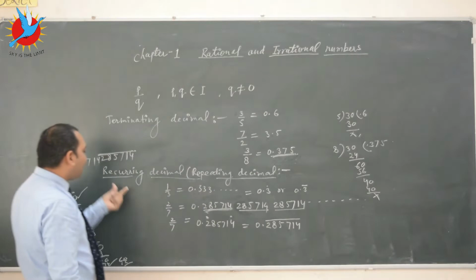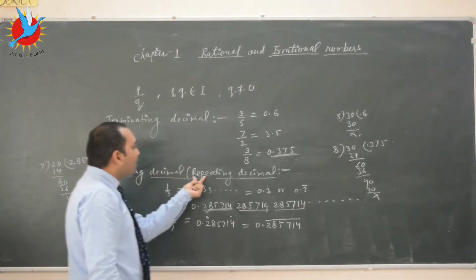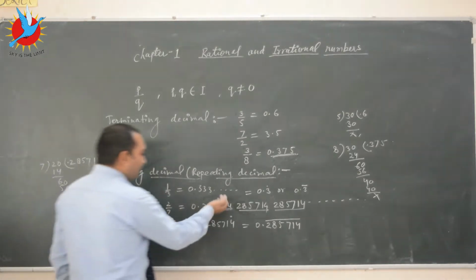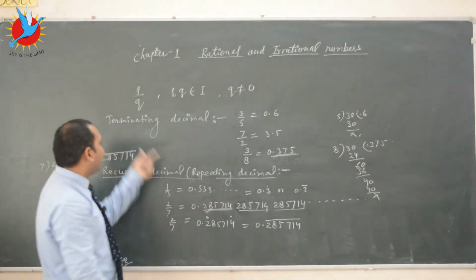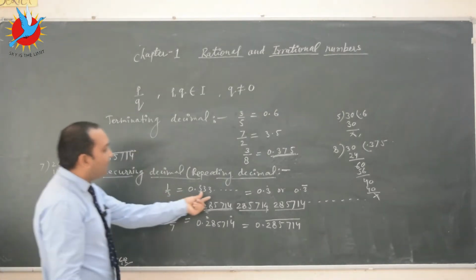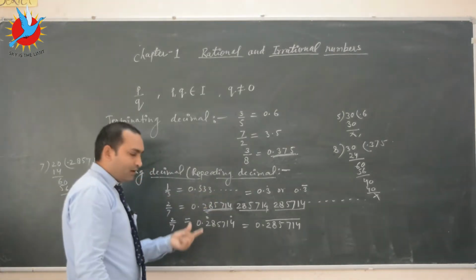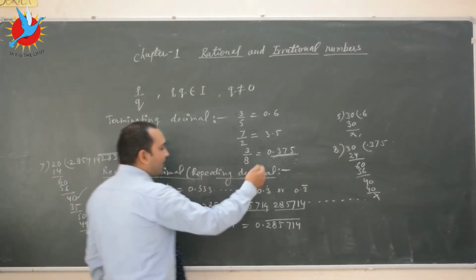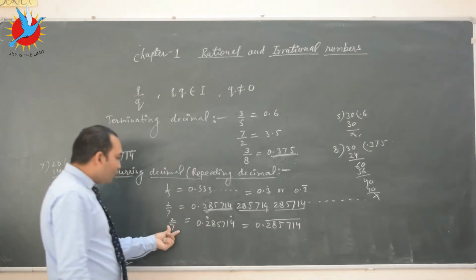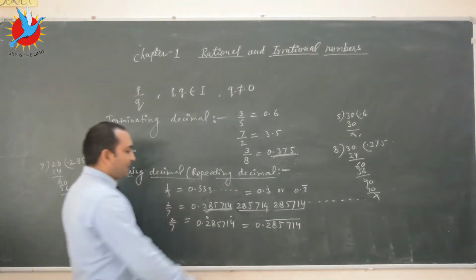This is called the recurring decimal or repeating decimal, and this is also non-terminating. Terminating means after a certain decimal place it will end, but this never ends and continuously repeats unlimited times. So 2 upon 7 is also a recurring decimal.